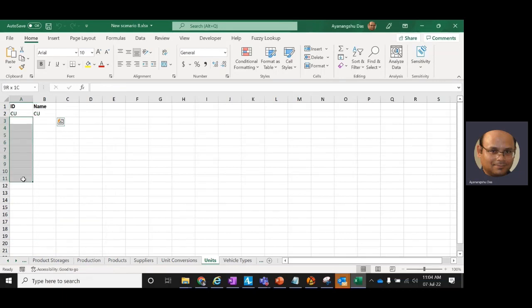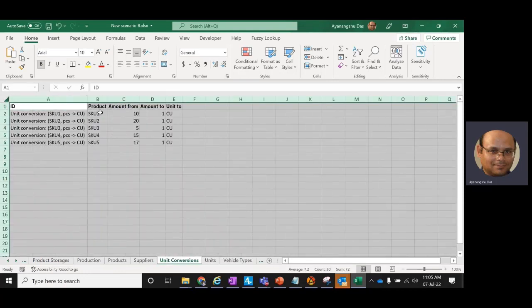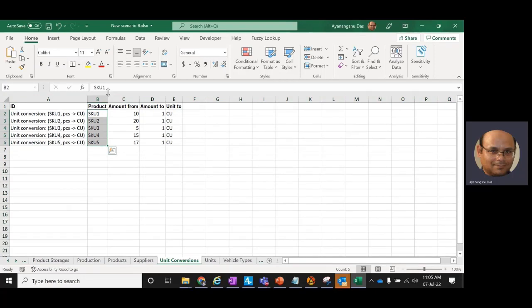Any new unit that is custom defined, we can add it here. And likewise, we have to define the unit conversions as we have defined. Essentially we have to write the product, the from amount, the to amount, and the to unit. This ID table is being generated by AnyLogistix itself, so we don't have to bother about it.